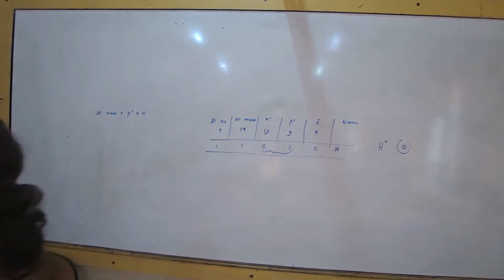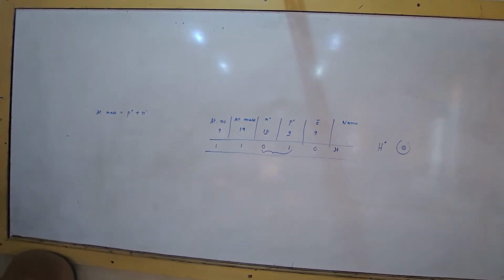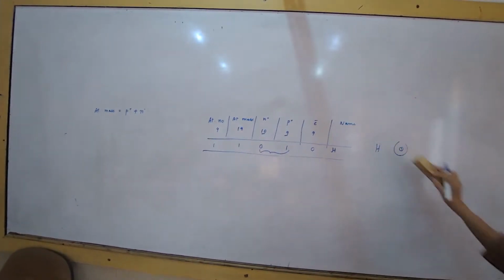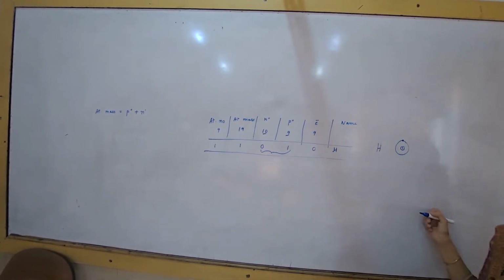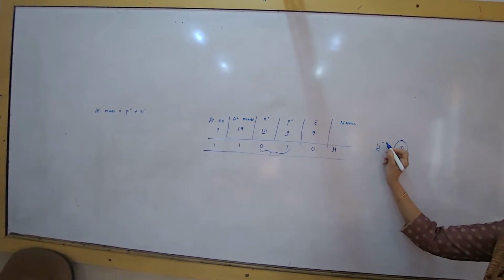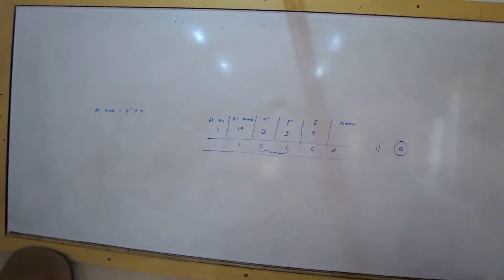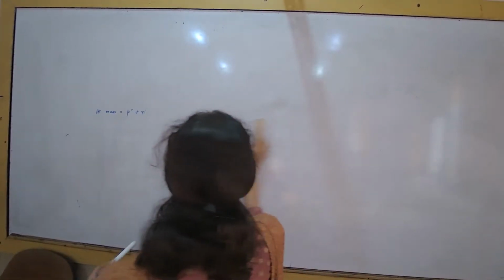Not that we are talking about hydrogen ions here, just to give you an idea. If it takes some other electron, it becomes a negative charge. Very good. This hydrogen atom has 1 electron and 1 proton. Suppose it takes 1 more electron, it becomes H negative, hydride. This is an ionic species, we are not talking about an atom only. When we say it is an ion, it will have a charge.